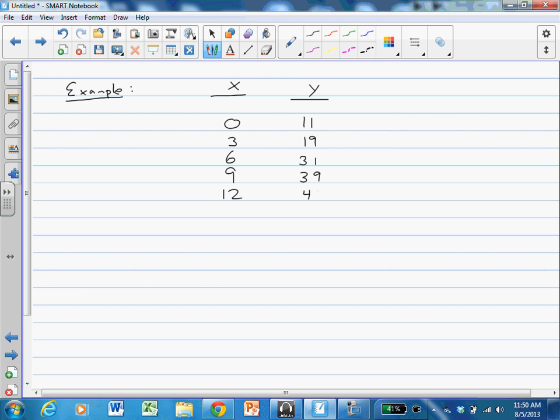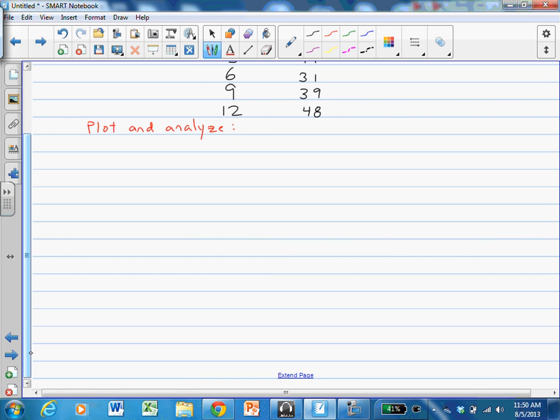So to plot this data and analyze it, the first step is to look at appropriate scales for each axis.